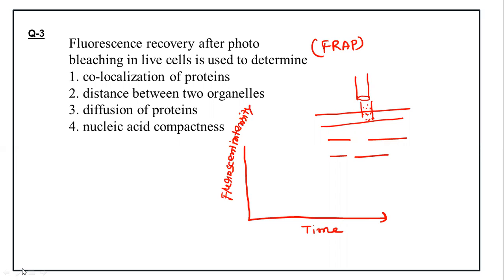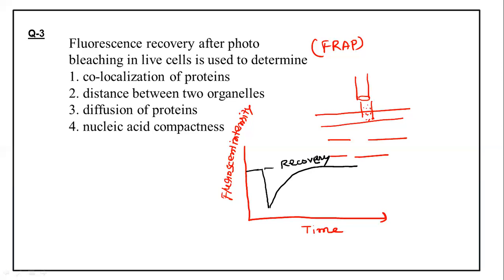From the graph you will be able to analyze how fast the recovery is occurring. Based on the rate of recovery, if the protein is mobile or freely diffusible, then its recovery rate will be faster. If the protein is an integral membrane protein, then the recovery rate will be slower, right?